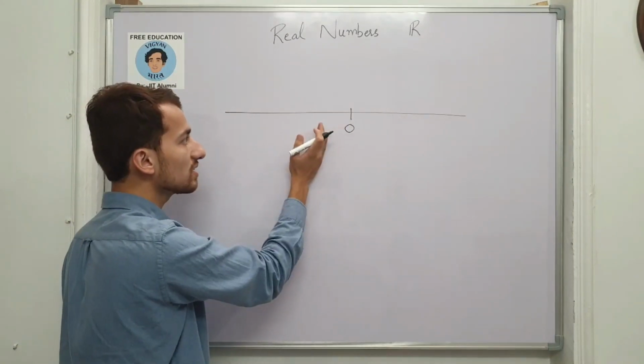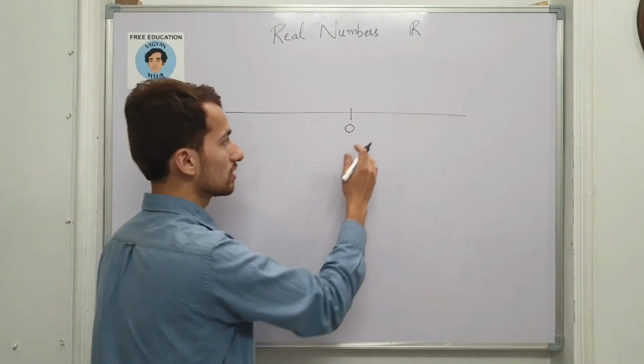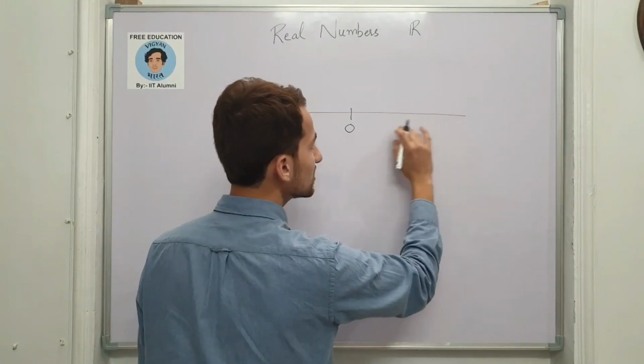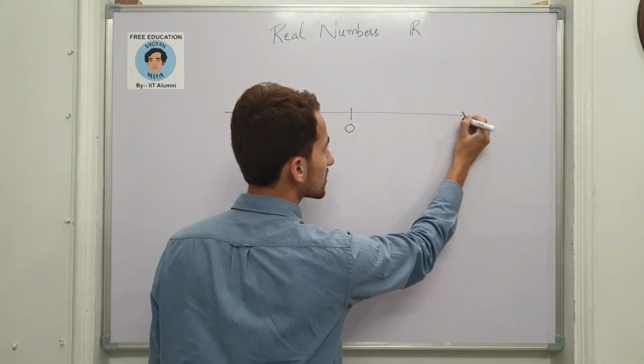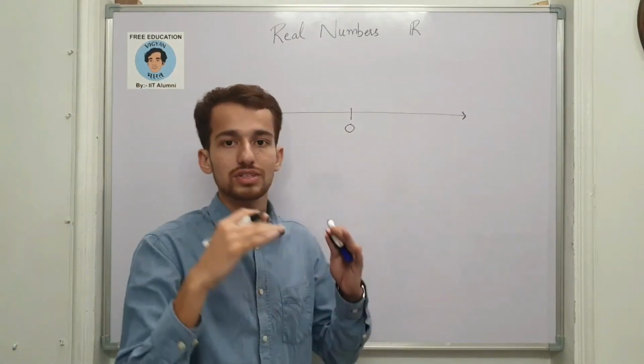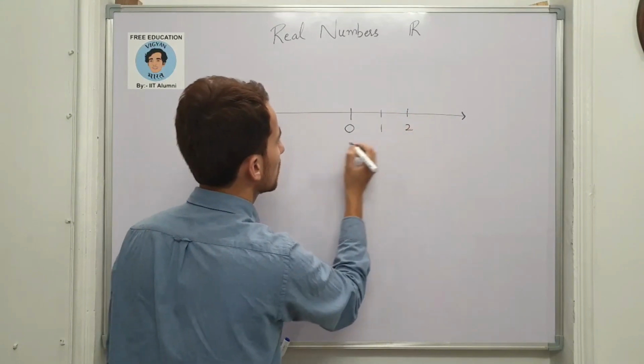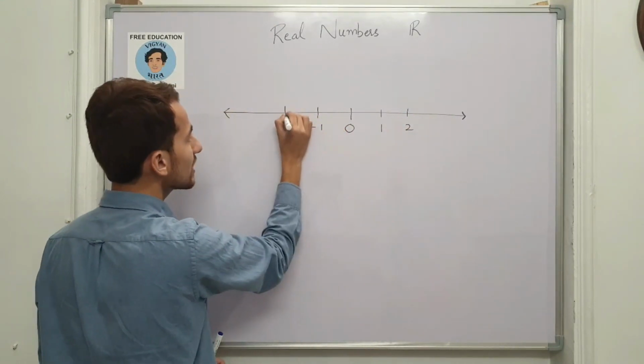Basically all the negative numbers were lying in this direction, which are less than 0, and the positive ones are in this direction. So let me assign it 2 arrows. So it is a line consisting of some numbers, and let me just point out some numbers on this line.